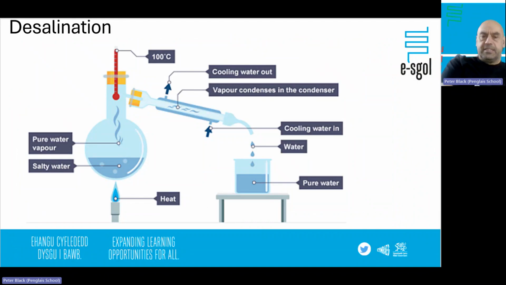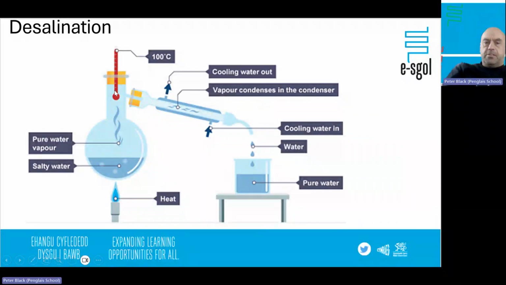Now, there are various ways desalination can be done, but the WJEC just wants you to know that we could distill the water off. So you can see here the water's been heated in our round bottom flask. The water eventually boils and evaporates. The water vapor then comes to our condenser, which has got a jacket of cold water around it. And that coldness then causes the water to condense back to a liquid, and we collect our pure water.